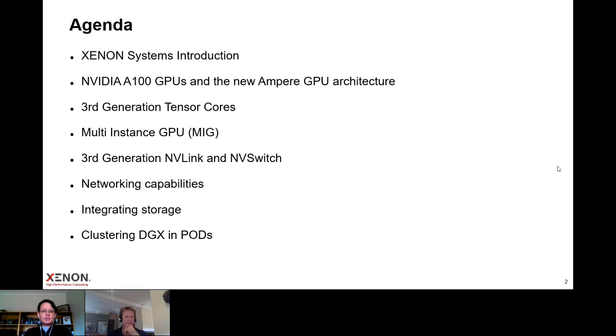We'll have a look at some of the new innovations, including the third generation Tensor cores, the multi-instance GPU implementation, and how NVLink and NVSwitch are tying this all together in the DGX A100. And towards the end, I also want to look at how we can expand beyond the DGX itself into complete pod architectures, which include storage and network fabrics, which tie it all together.